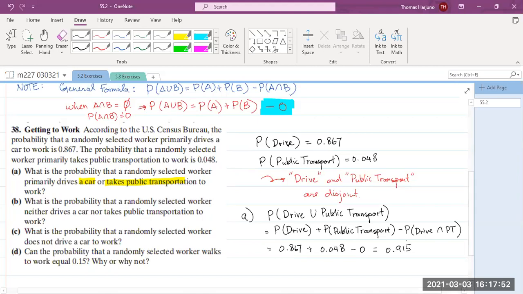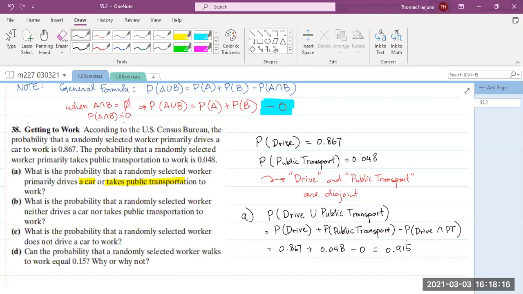By the way, I think this may be true for an area like LA, that most of the time when we go to work, we actually drive, right? And we have less than 5% using public transport. That's what I know.